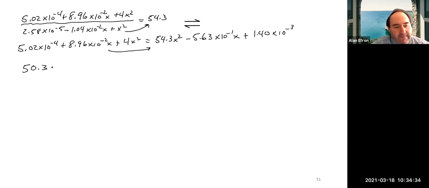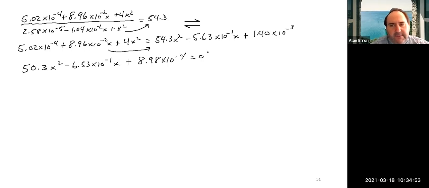That's going to give us 50.3x squared minus 6.53 times 10 to the minus 1x plus 8.98 times 10 to the minus 4 is equal to 0. At this point, we now have our actual quadratic formula there. Any questions up to that point?